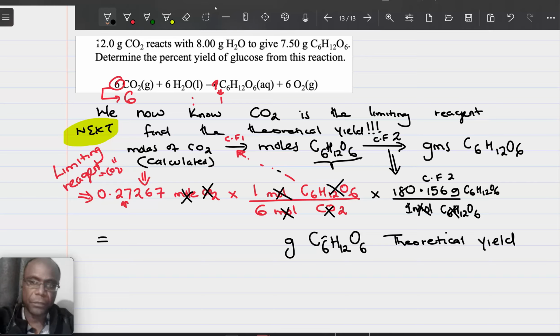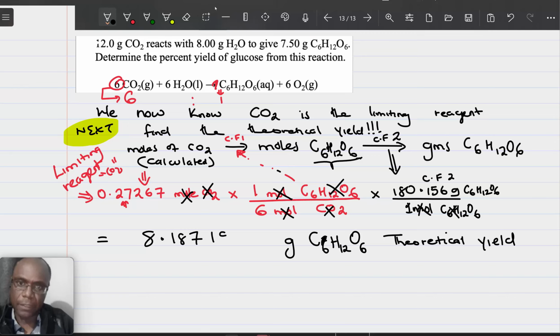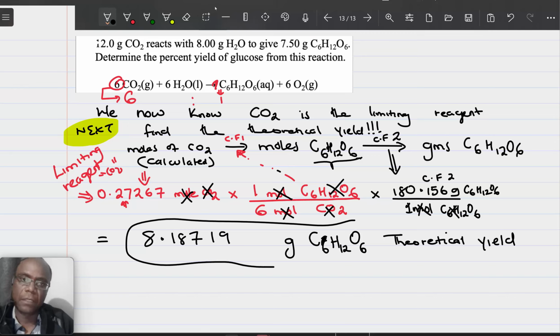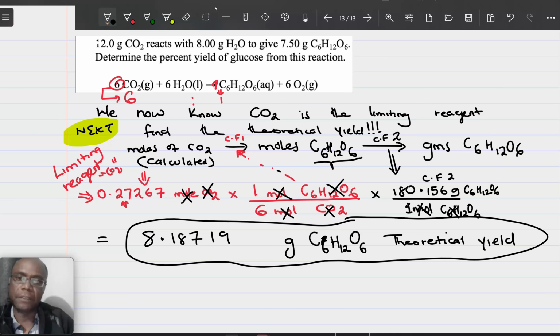That means in theory, this is how much glucose the reaction should make if there are no errors. Let me do the math. The answer I'm getting as a theoretical yield is 8.18719 grams of glucose.